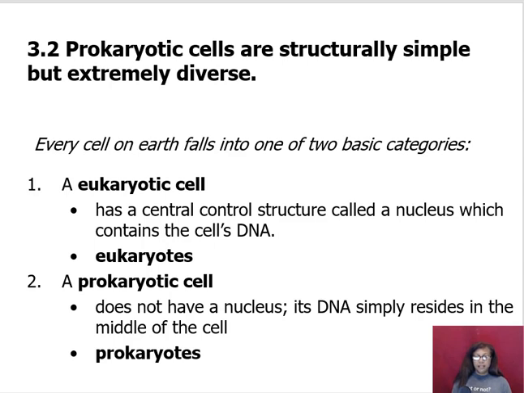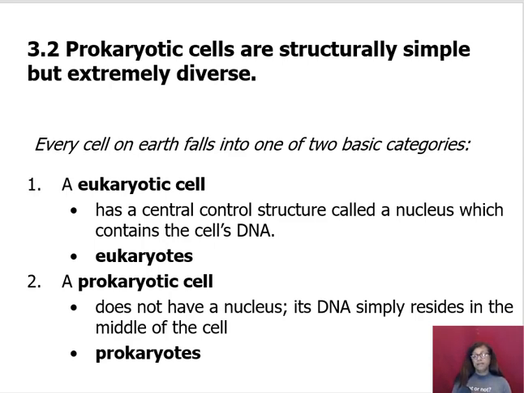And the major difference that I want you to keep in your mind between a prokaryotic cell and a eukaryotic cell is that a prokaryotic cell does not have a nucleus. Its DNA simply resides in the middle of the cell, okay, attached to the cell membrane. So prokaryotic cells do not have a nucleus.